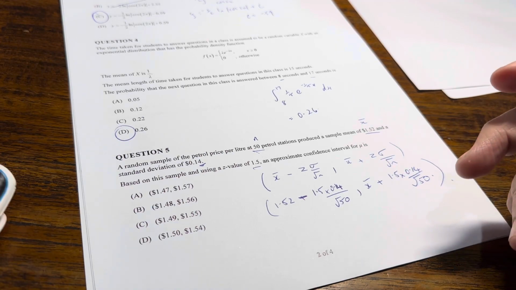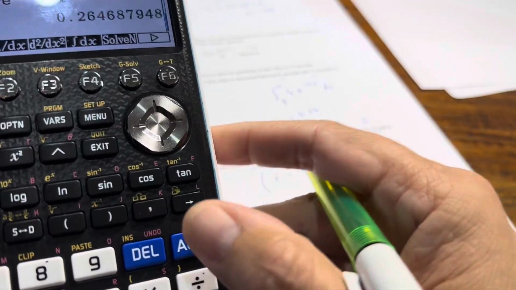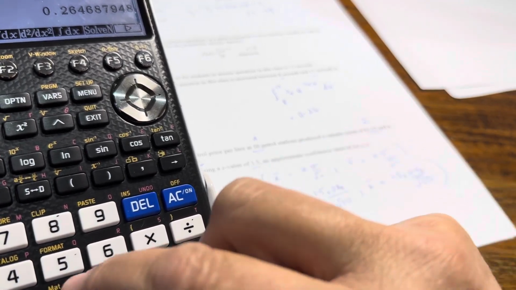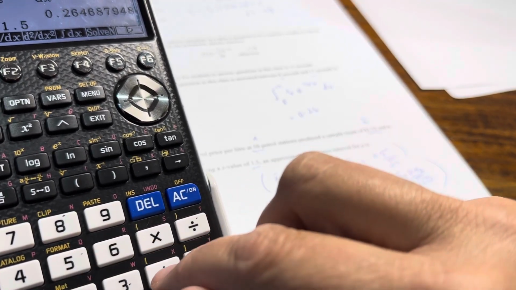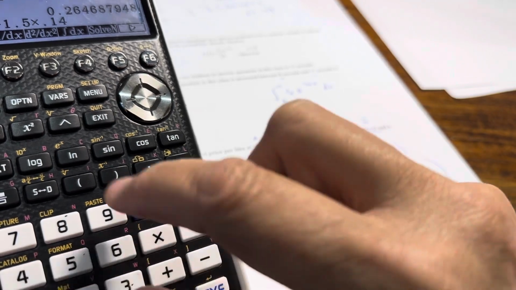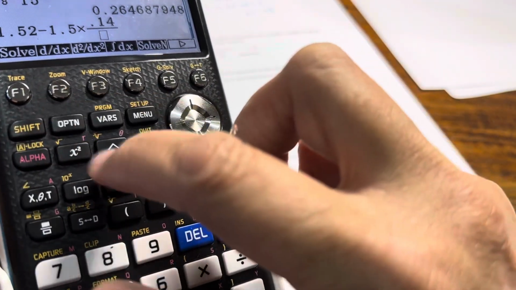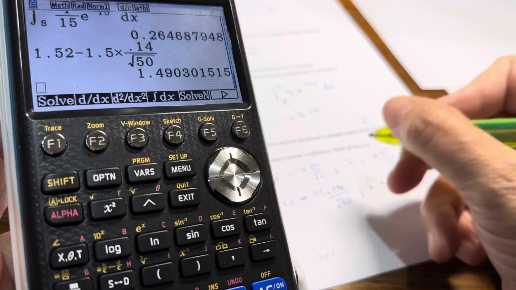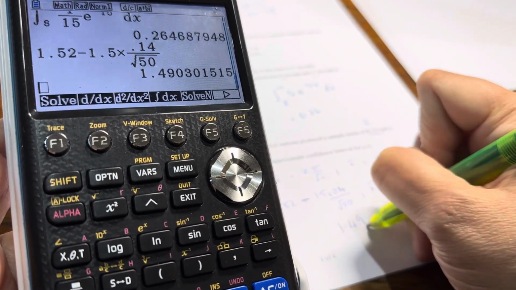You can work them out. Straight substitution in, 1.52 take away 1.5 times 0.14 over square root of 50 gives me 1.49.